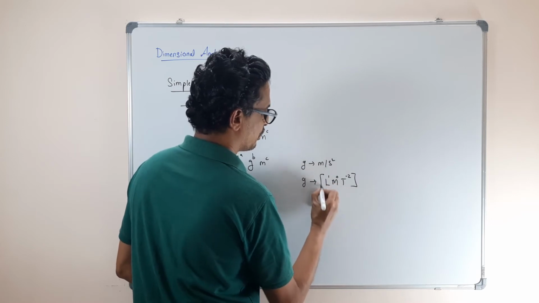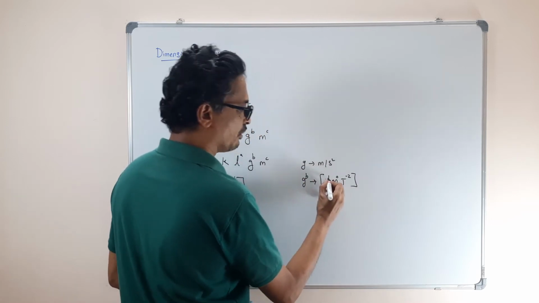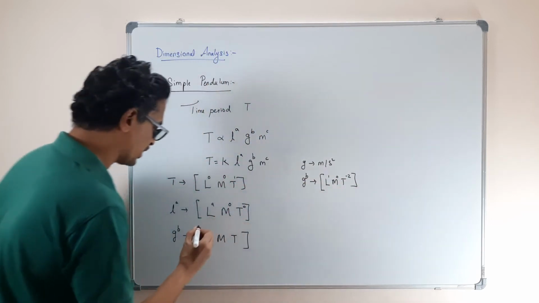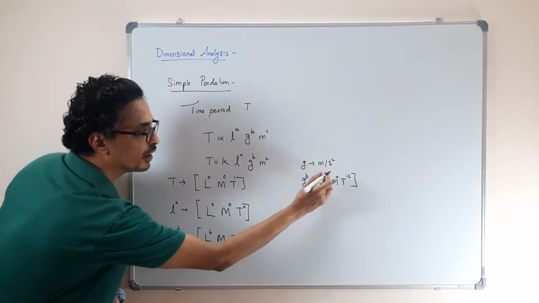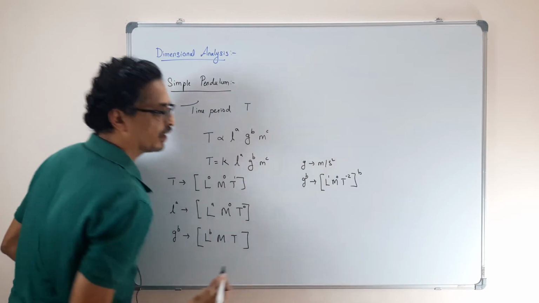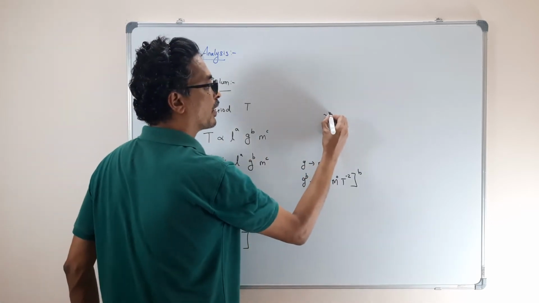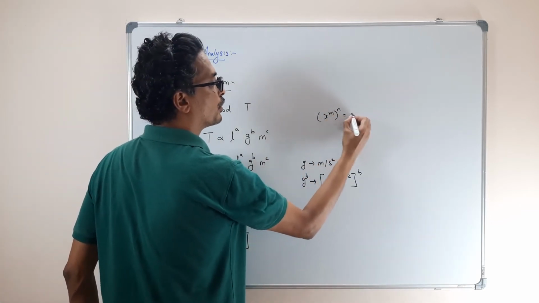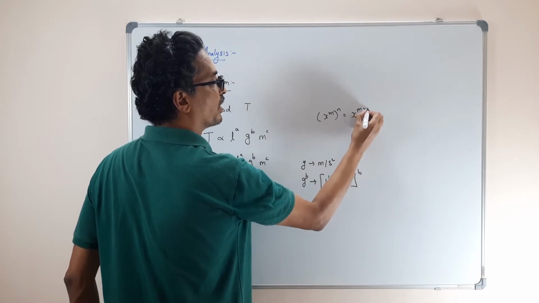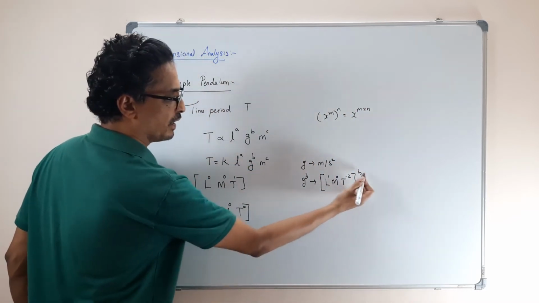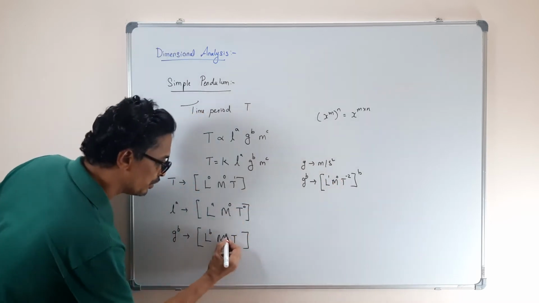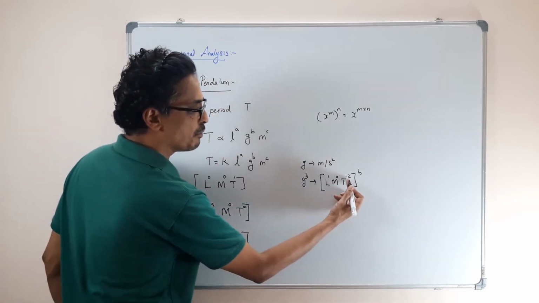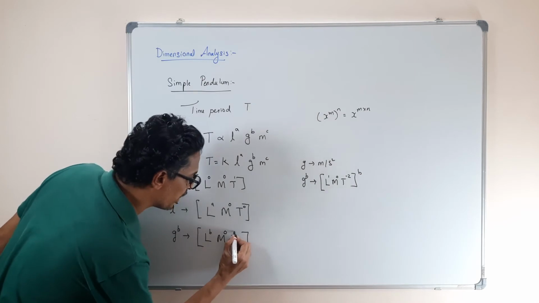Correct? So when I write G power B, everything will become B. So this is also to the power of B. Okay, you should remember the formula: x power m, whole power n, equals x power m into n. Correct? So this will be L power B, 0 into B is 0 for M. And this will be minus 2 into B, equal to minus 2B.